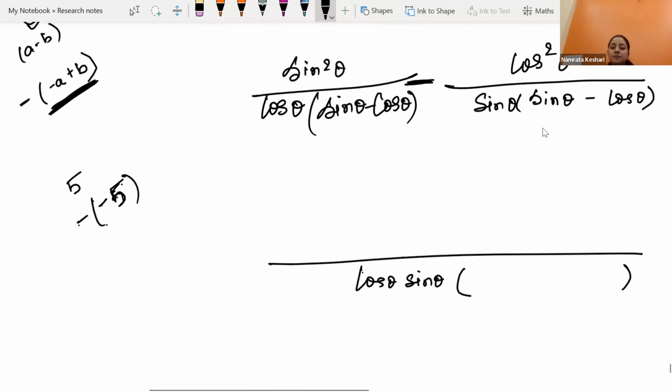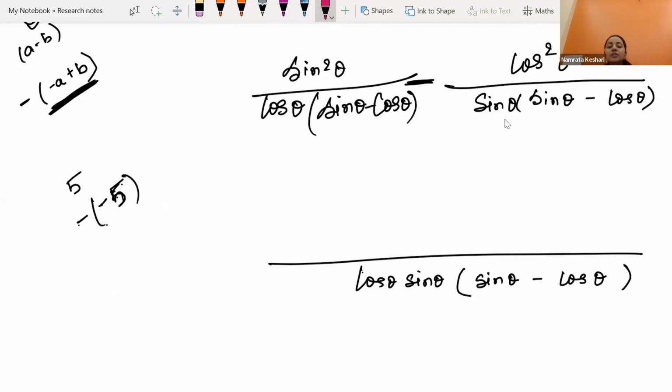Sin theta cos theta into, is it sin theta minus cos theta? Yes, it is so. Okay. We found the LCM. Now, what will be there in the numerators part? Sin square is already there.